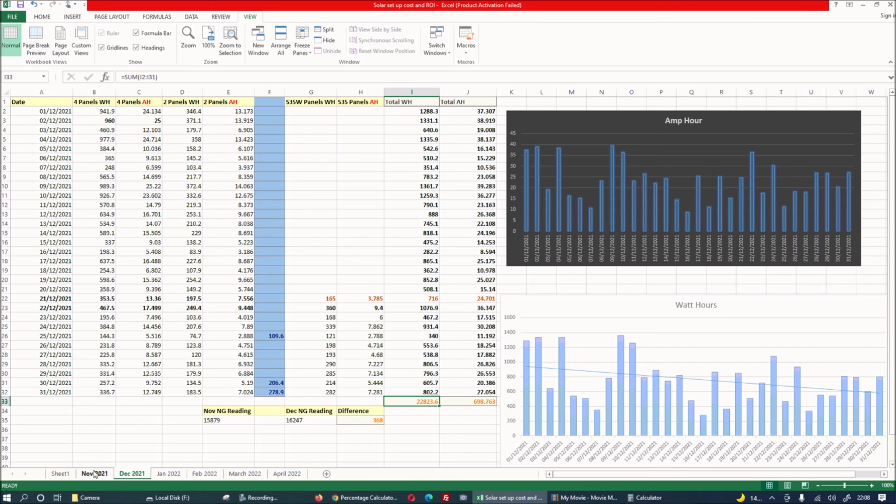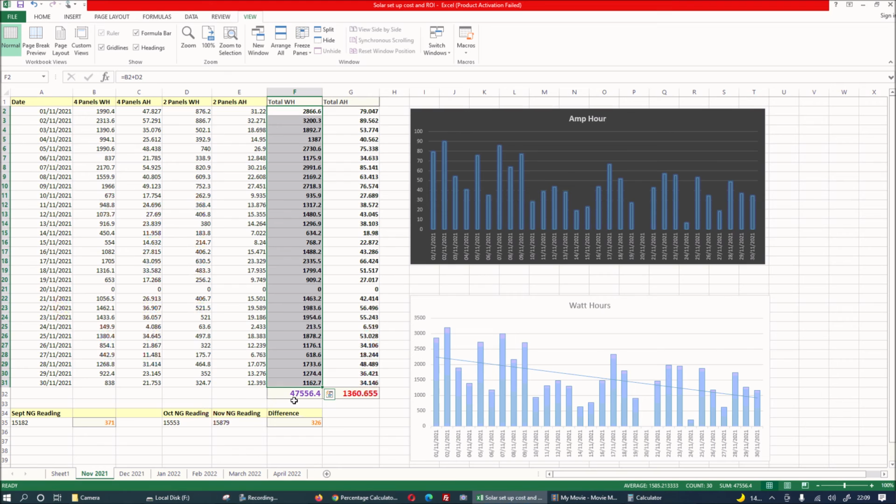So you can do the calculation on your side if you want to. And this was in November. I did not have the energy meter then, and I got 47.5 kilowatt hours. I will still approximate it to around 70% that I used out of that.